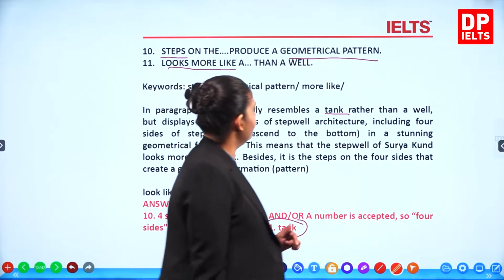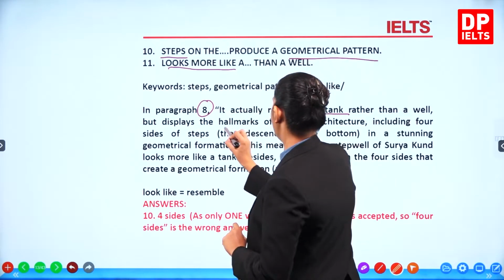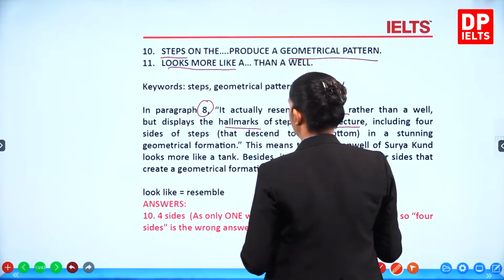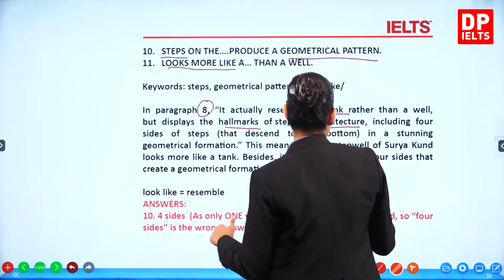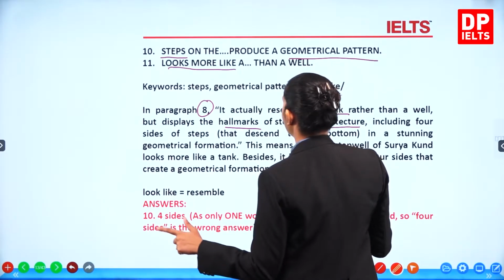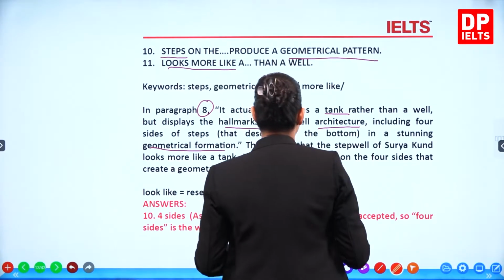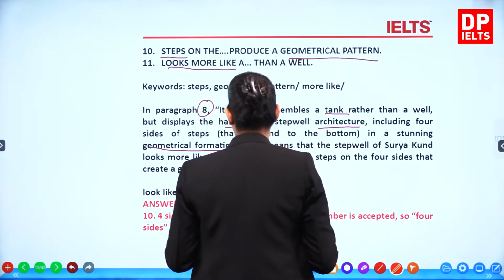Keep reading, but displays the hallmarks of step well architecture, including 4 sides of steps that descend to the bottom in a stunning geometrical formation, right? This means that the step well of Suryakunda looks more like a tank.